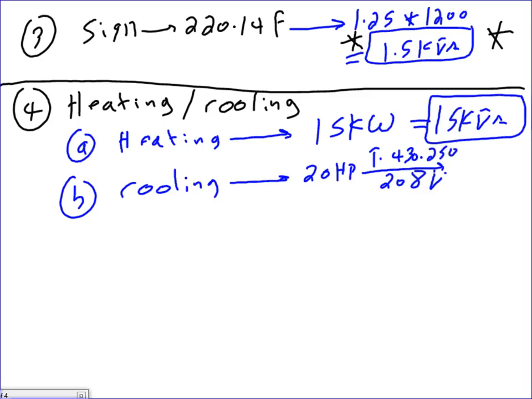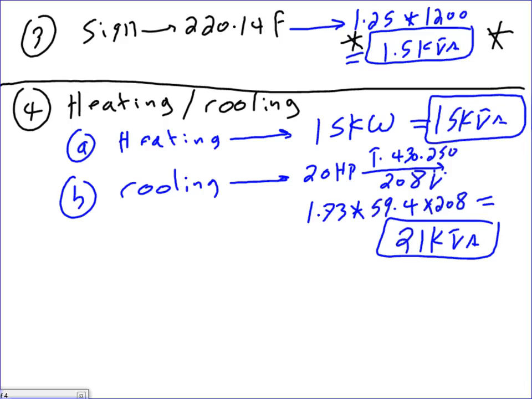So then, if you do that, you're going to have 1.73 times 59.4 times 208. And if you do all this, if I did this one right, you're going to end up with 21 kVA. 21 kVA.